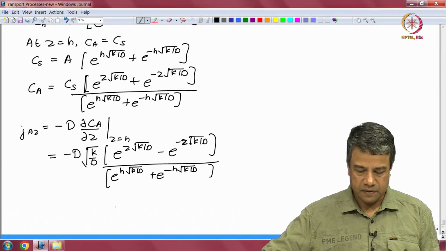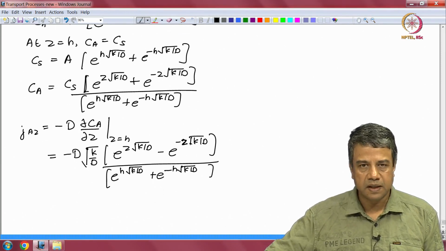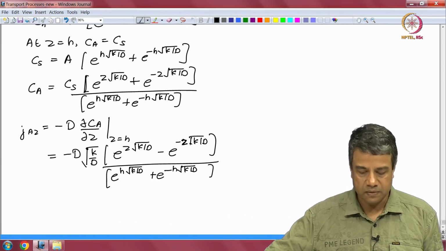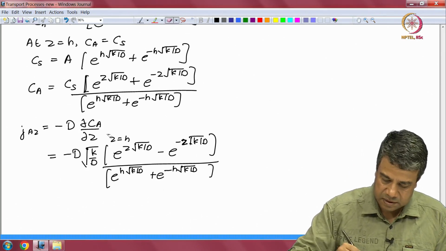That is the equation for the flux. And then we can calculate the flux at z is equal to h. So, this is just the general flux.